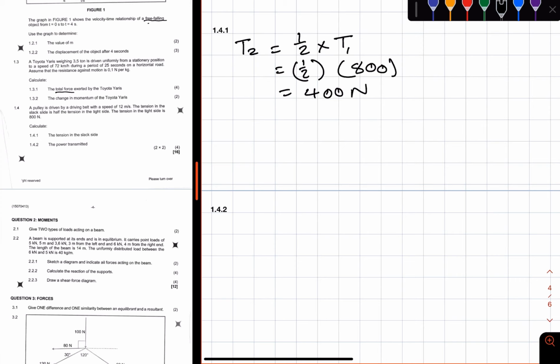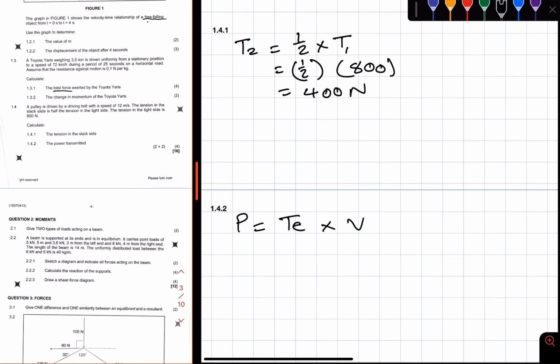As you know, power is equal to the effective tension times the circumferential velocity. The circumferential velocity they've already given us. They said a pulley is driven by a driving belt with a speed of 12 meters per second. That 12 meters per second is your circumferential velocity.